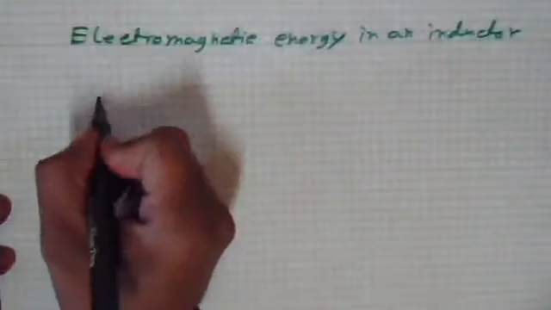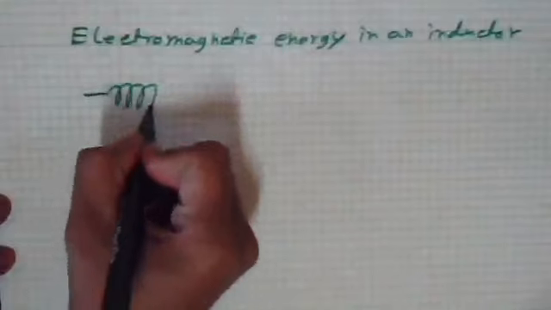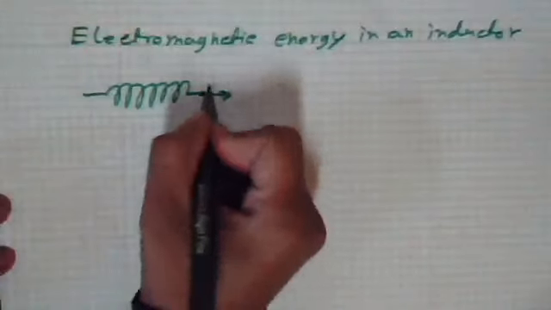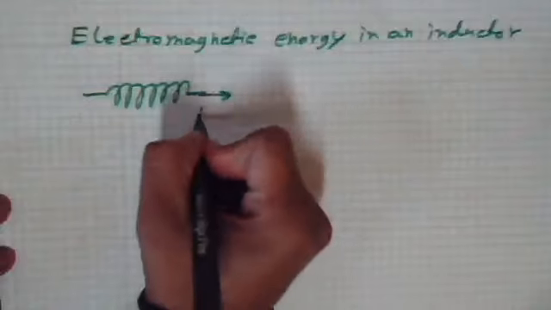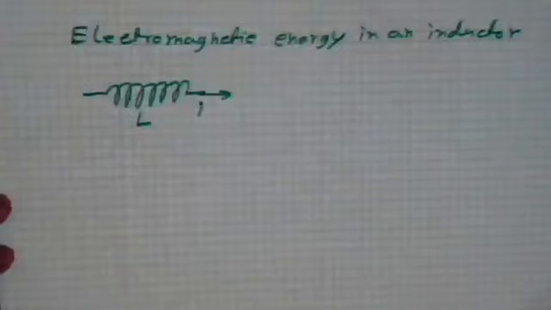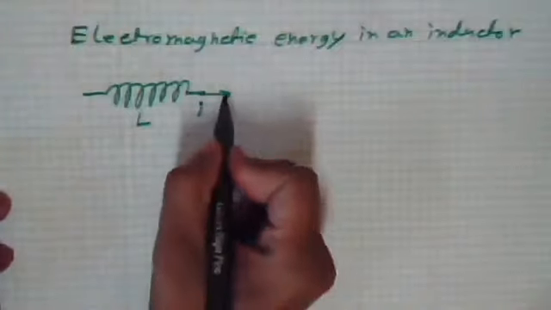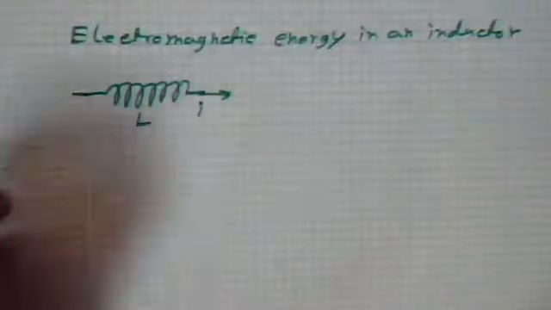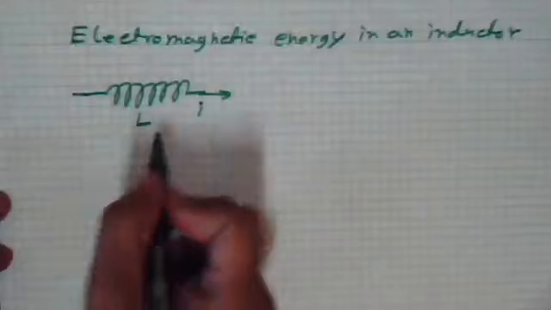Say I have an inductor coil in which a current of I is flowing, and let the inductance of the coil be L. Now by some means I try to increase the amount of current.